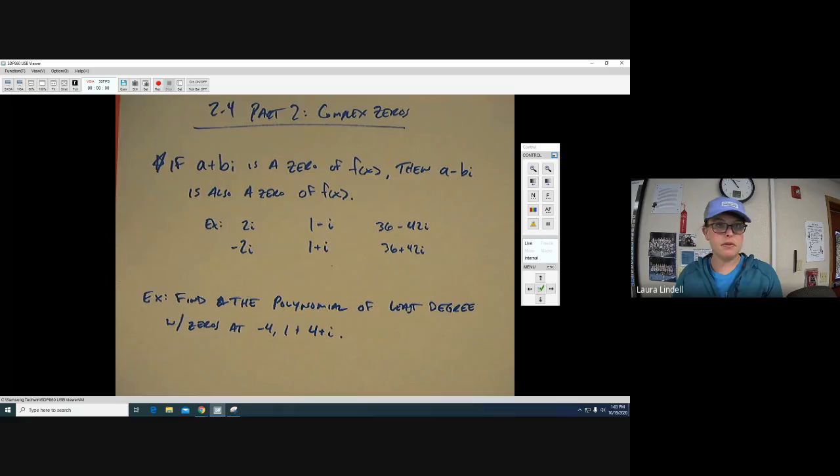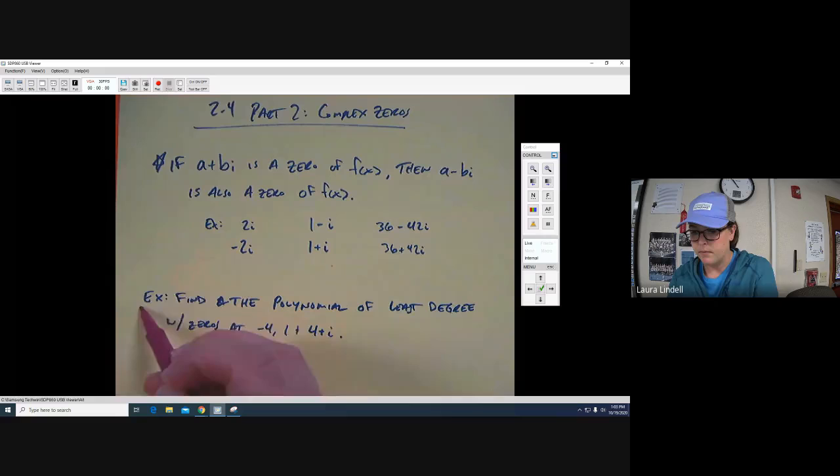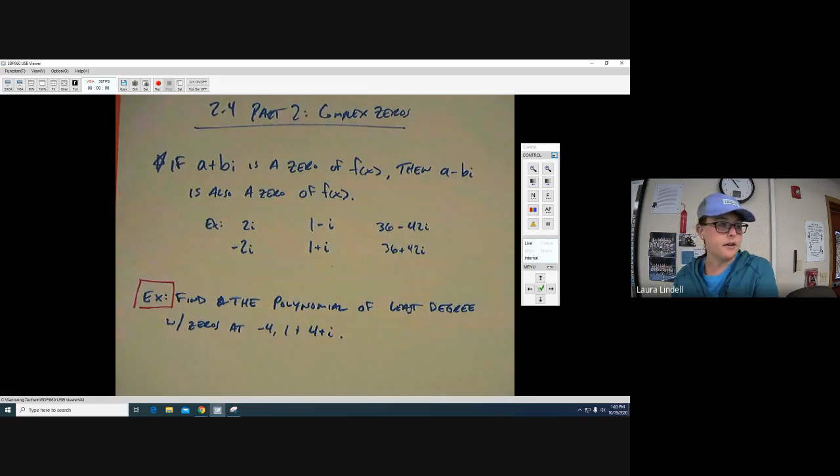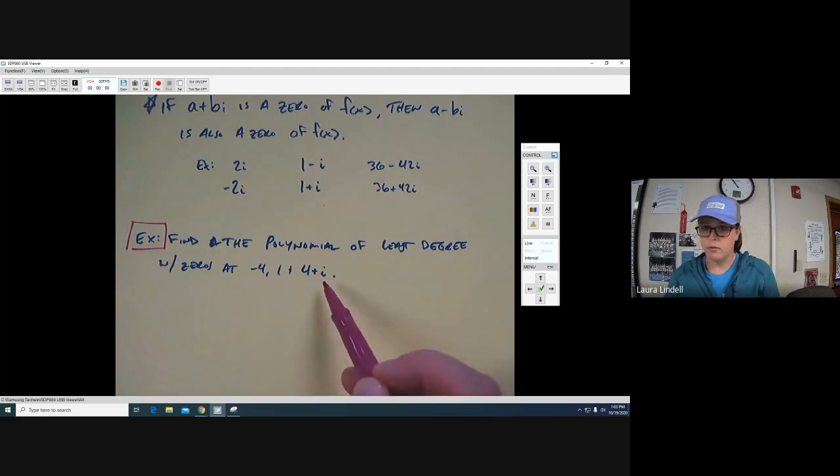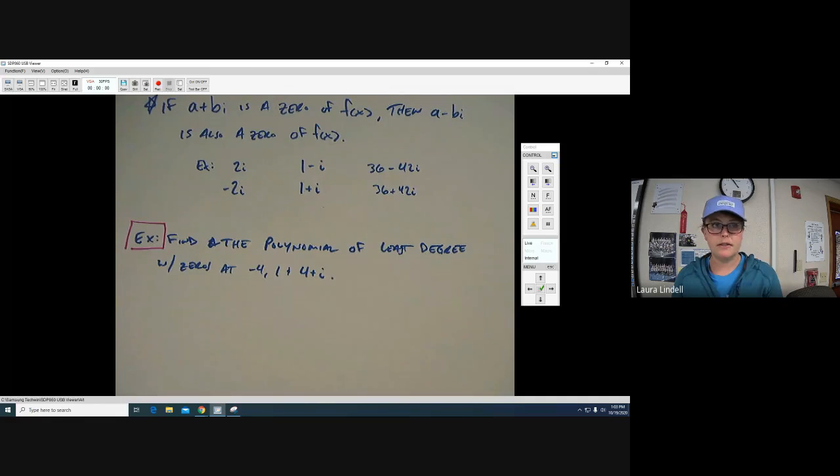So you might remember doing this, especially in advanced algebra trig, with just regular zeros without the complex component to it. Now we're adding the complex component in. Or you might have done it with complexes in advanced algebra as well. I'm not sure how far we got on that last year. But at any rate, if these are our zeros, what's one other thing that I can count on being a zero given the complex conjugate theorem?